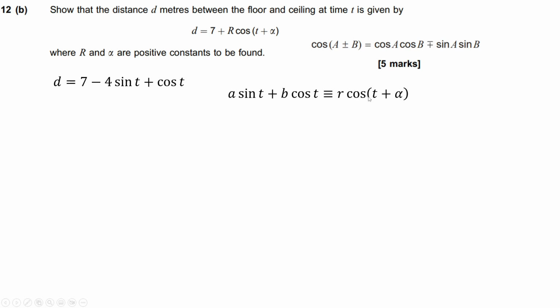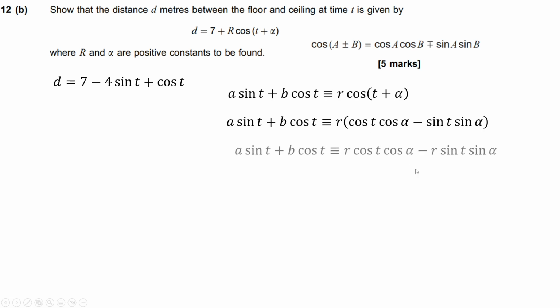I apologize if you can hear my brother in the background, he's just a baby. Anyways, we've got our cosine of t plus alpha, so we're going to be using cosine A cosine B minus sine A sine B. But it's r multiplied by all of it. Distribute the r to get this, and then we can equate coefficients because these two are identical.